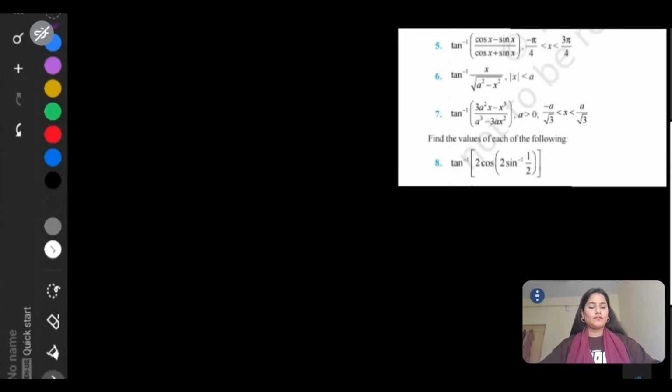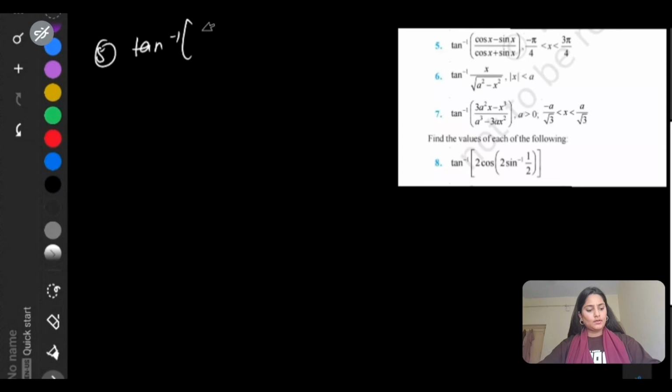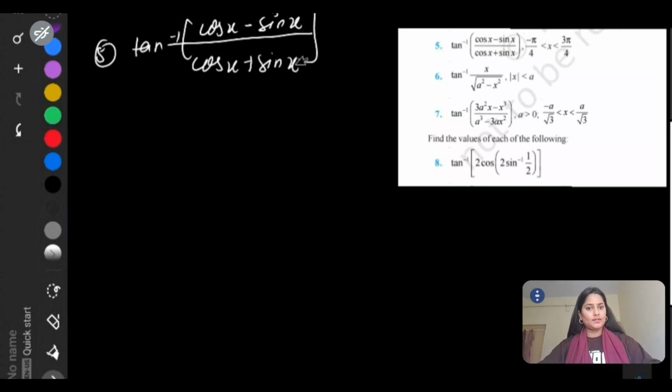Let's solve question number 5 of exercise 2.2 of maths, class 12. So we have question number 5: tan inverse of (cos x minus sin x) divided by (cos x plus sin x).